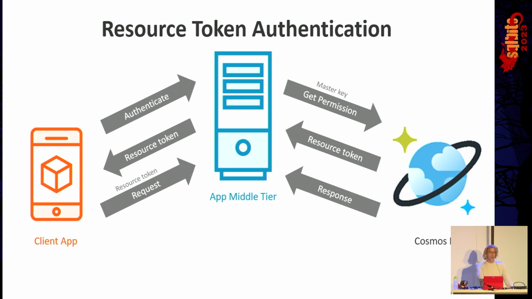But what I said before about a unique aspect to this, if you go with resource tokens, there is a JavaScript SDK. There are a number of SDKs for client development against Cosmos DB. .NET, Java, obviously the big ones. But there's also a JavaScript one, which is designed for browsers, obviously, or small client devices.